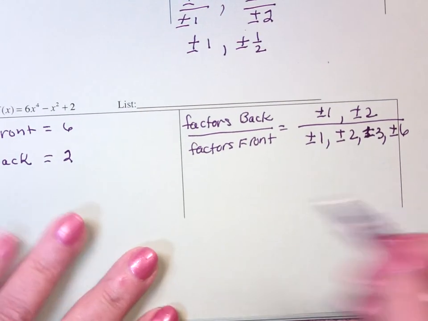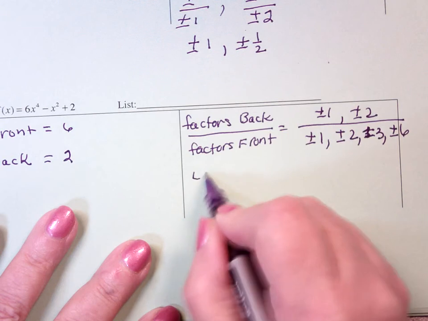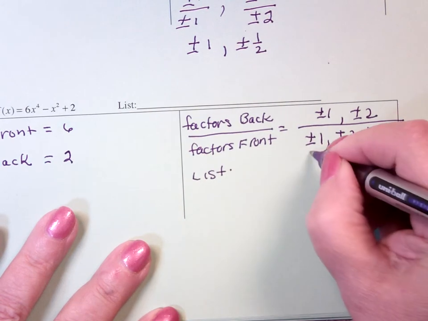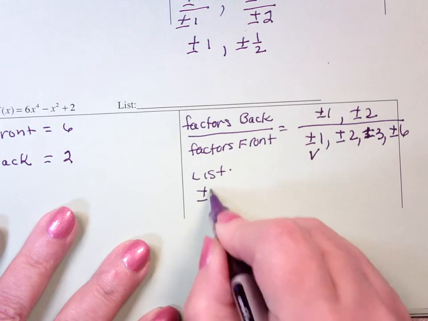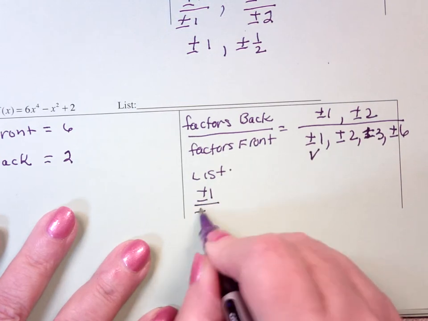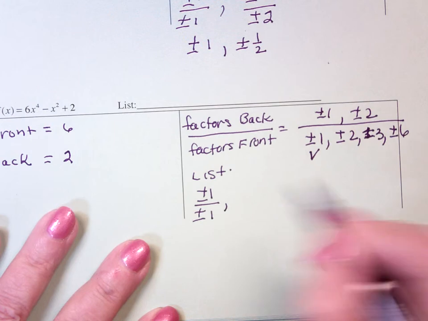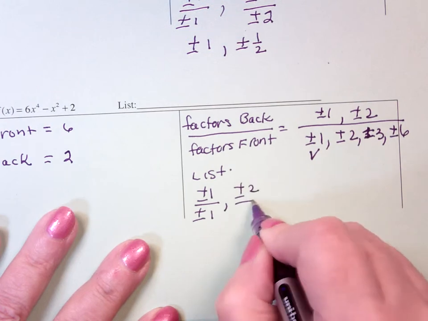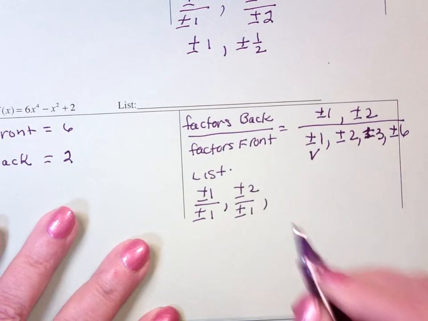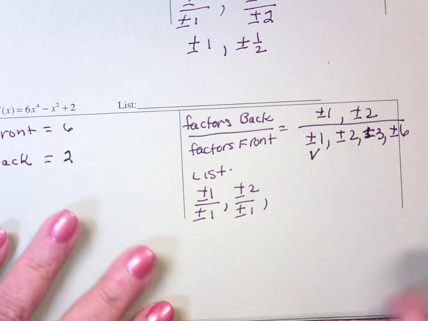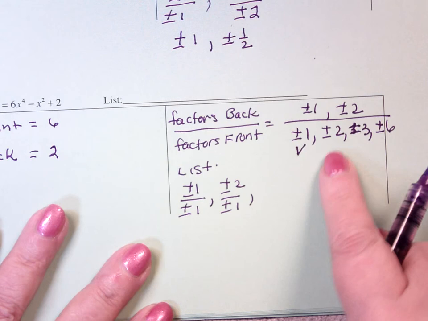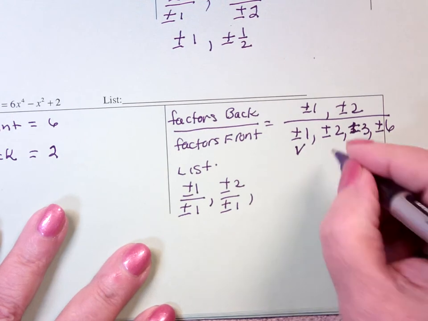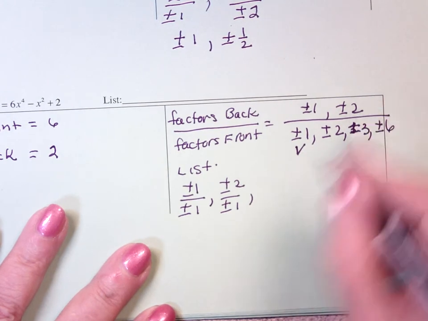Now, create my list. I start by taking plus or minus 1 into the numerator. So it's plus or minus 1 divided by plus or minus 1. Plus or minus 2 divided by plus or minus 1. By the way, this step you end up doing in your head after a while. Now I've done plus or minus 1. I need to do plus or minus 2. Plus or minus 2 into plus or minus 1.